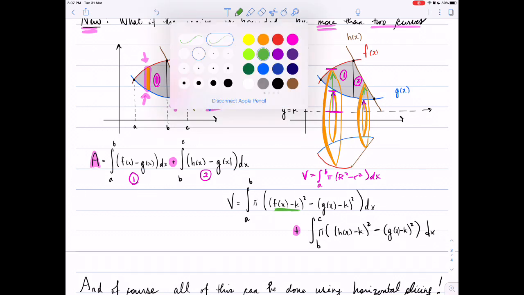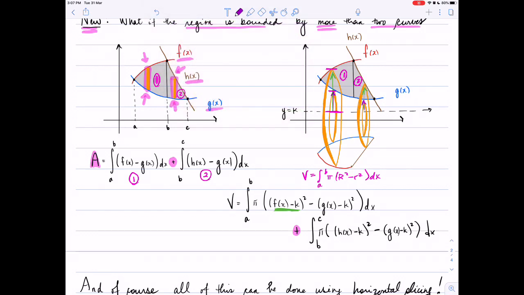The inner radius, which is the radius in purple, is g of x minus k, and then I use the exact same formula here, but I'm very careful to integrate this over only the part of the solid where those curves are the boundary curves of the region. And then I do the exact same thing in the next part.